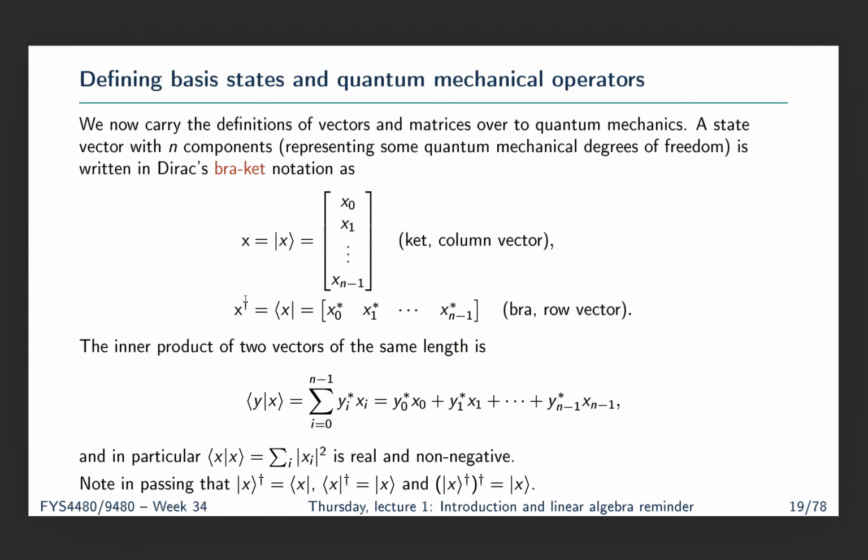The conjugate here is given by the conjugated transpose. Sometimes I just say the Hermitian conjugate, out of plain laziness. This is given by the transpose of the vector, with all the variables complex conjugated. And the inner product of two vectors is just given by that.